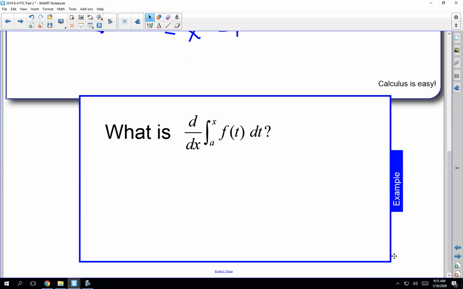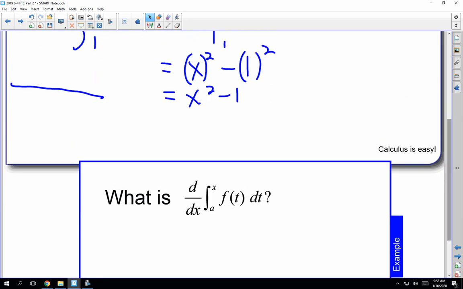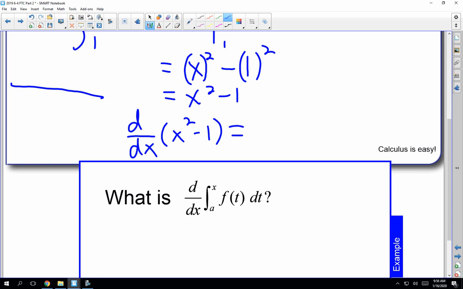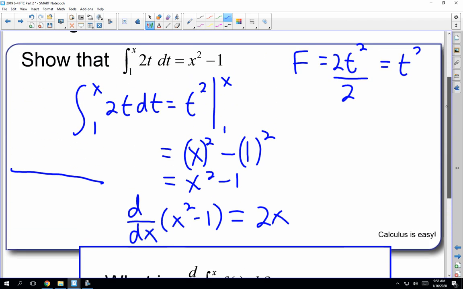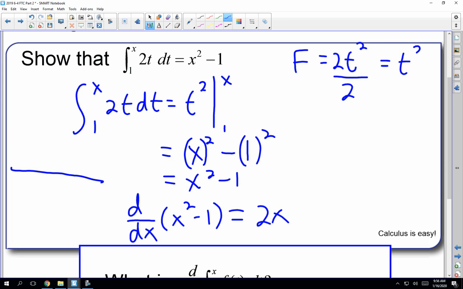So if I asked you to take the derivative of this guy right here, so I said d dx of x squared minus 1, we would get 2x. Okay. So relating that up here, if x squared minus 1 is equal to this integral, would you agree that this is equivalent to d dx of that? If I take the derivative with respect to x of this integral, it is equal to 2x.